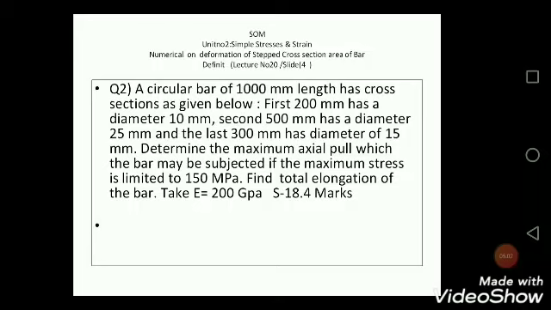So complete bar length 1000 mm. First length 200 mm, second 500 mm, and the last 300 mm. We have to draw it. The diagram is not given. Now let's see how the diagram comes.